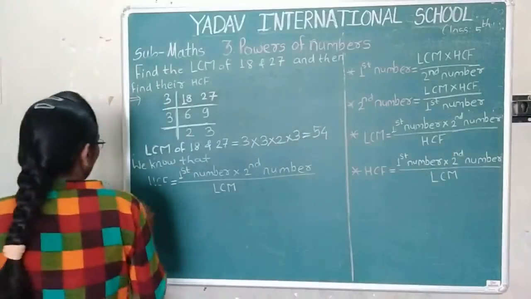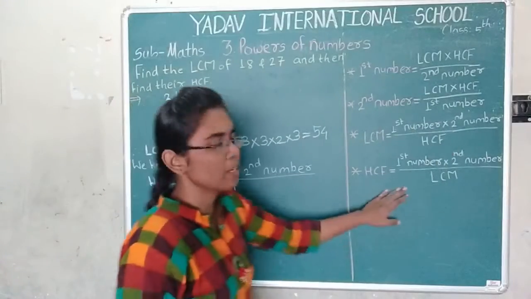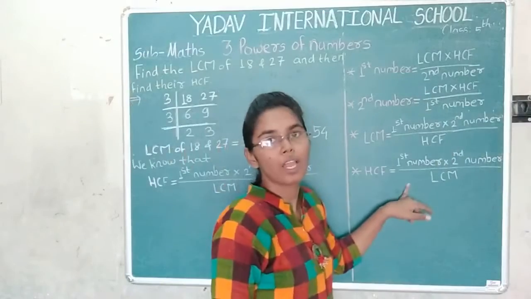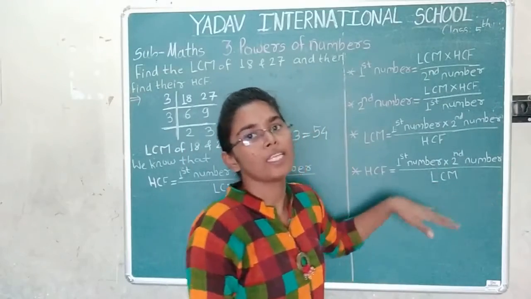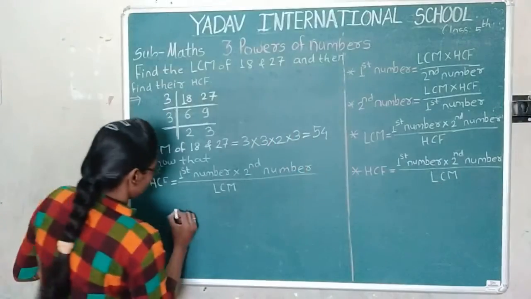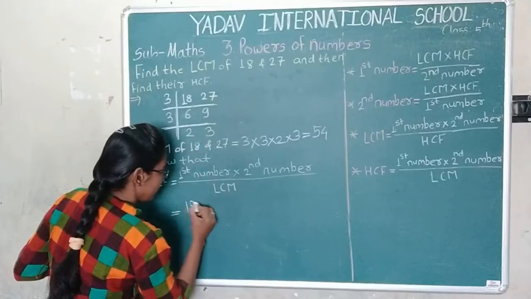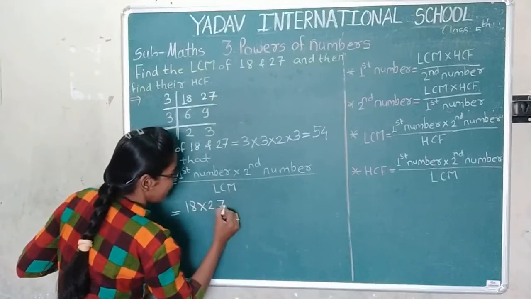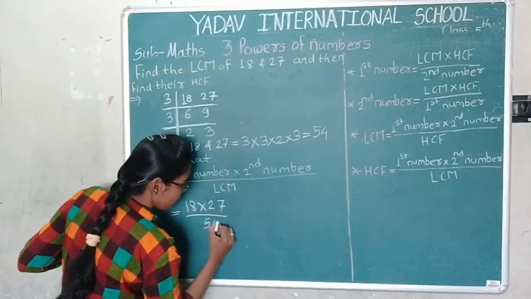Now we want to find out the HCF of these two numbers. We know HCF can be found out by using this formula: first number multiplied by second number and divided by LCM. So we will put the first number 18 multiplied by 27 and divide by the LCM, that is 54.